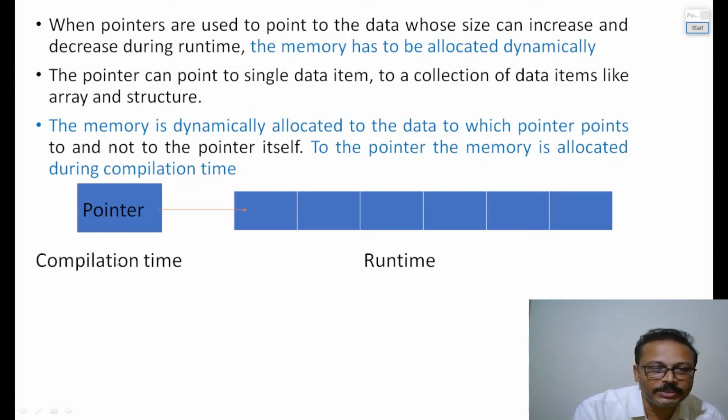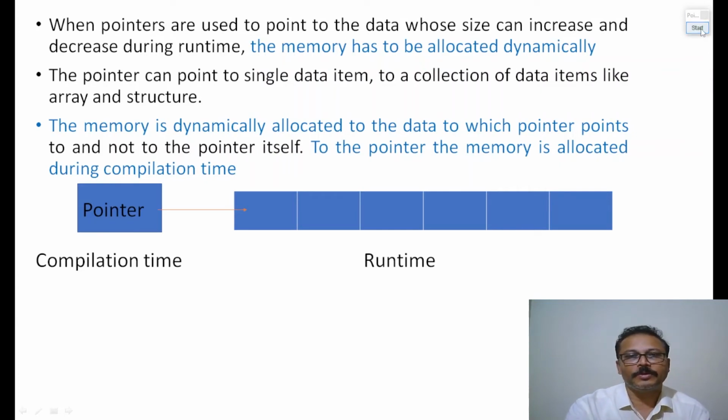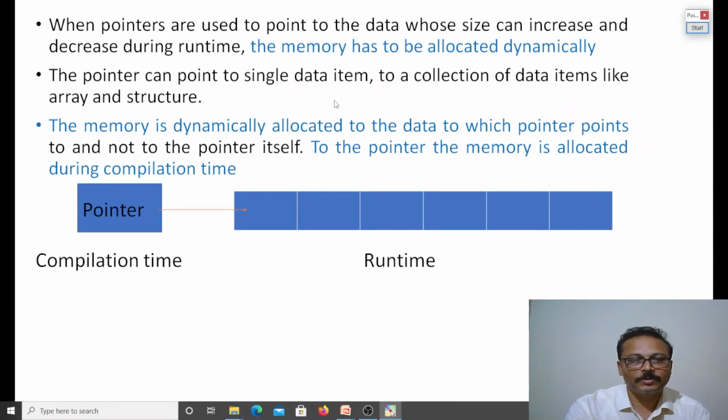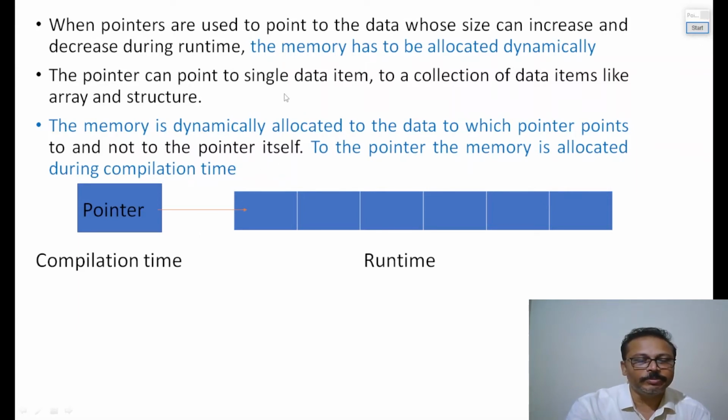For the pointer itself, the memory is allocated during the compilation time. So this point you please remember. If possible, you can note down this last statement, because usually in books it is not mentioned.